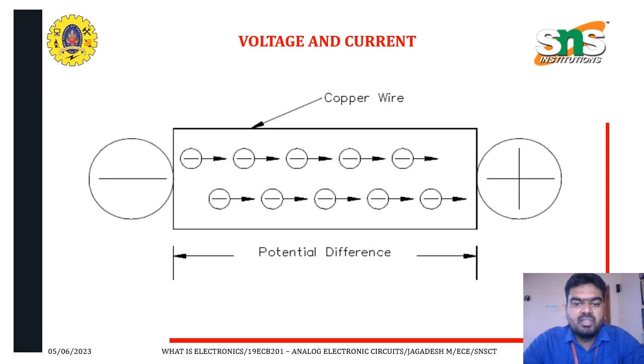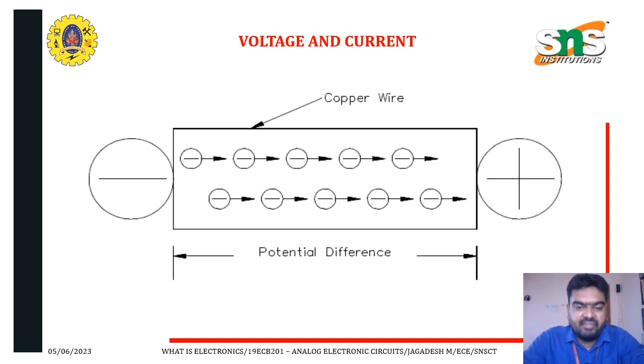If you see this diagram of voltage and current, take one copper wire. One end of the copper wire is assumed to be negative, and the other end is assumed to be positive. The difference between these two points is considered the voltage.